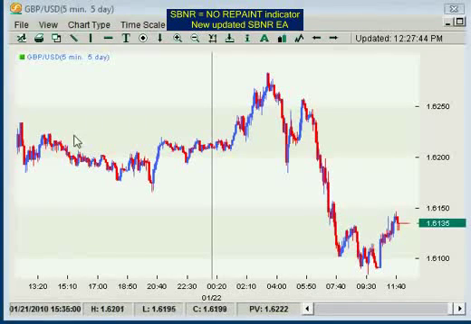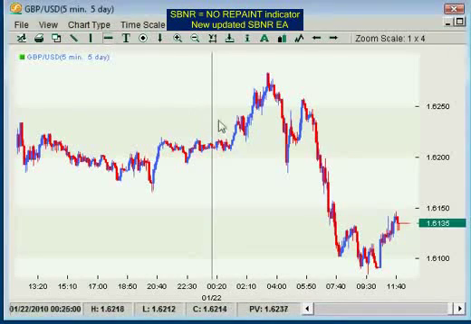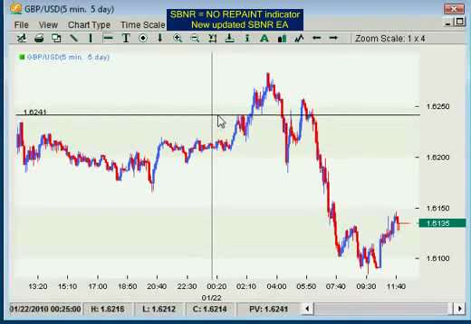So here we have the chart of pound-dollar. This is yesterday's end of North America and beginning of Asia. As you can see, basically the highs from Asia are at around 62.40 or so, right over here. These are the highs that were made in Asia. We had a little bit of a retrace, and then the highs are made again.